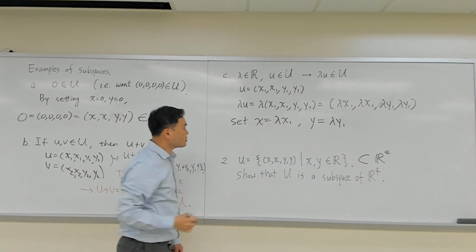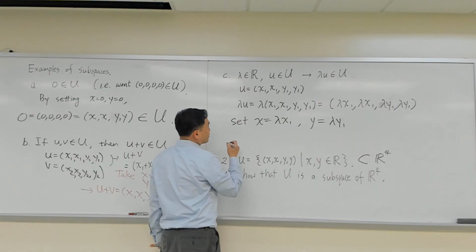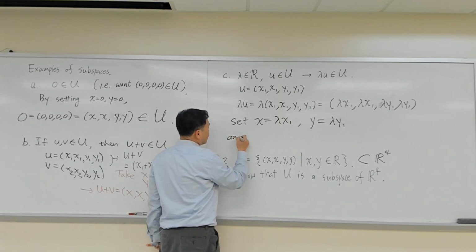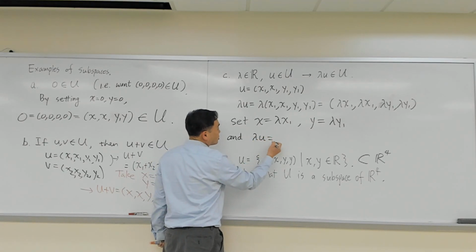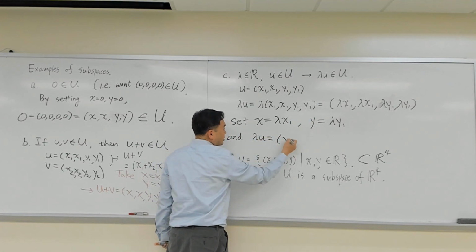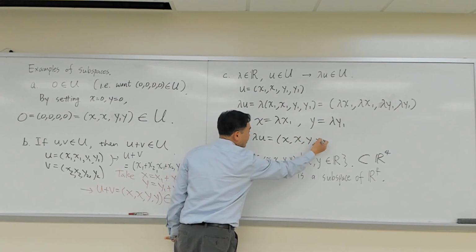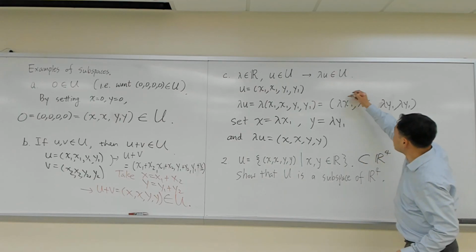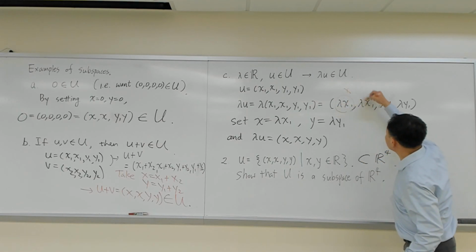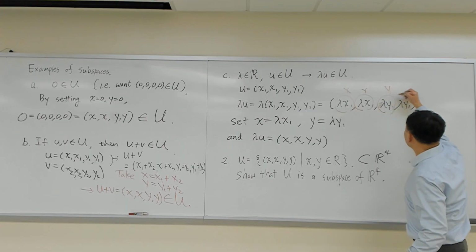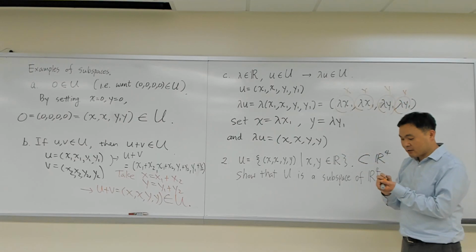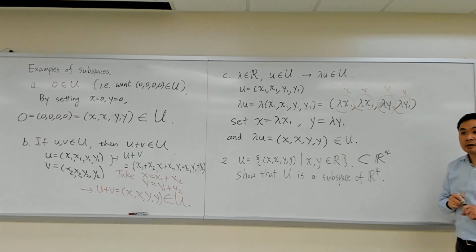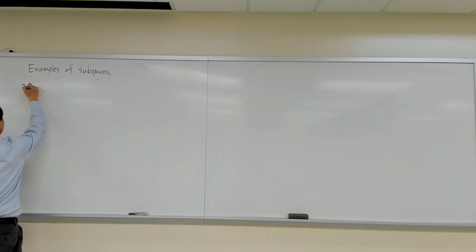Okay? And that tells us that we have lambda times u, which is that, and that's really x, x, y, y, right? Since this is x, that's y, we can rewrite it like that, and we finished showing that this is in U. Okay? 3.